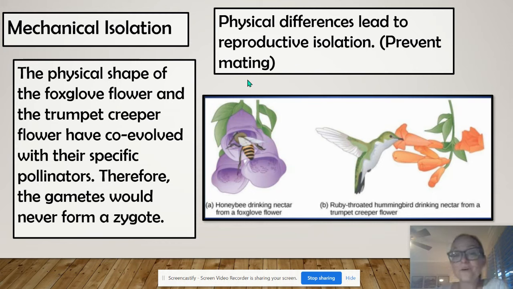And so therefore, the hummingbird never lands. So that orange trumpet flower could not hold the weight of a honeybee. And so therefore, the pollen from the purple flower will never make its way to meet the eggs in the orange flower. And so that would be due to mechanical differences or differences in their shape.